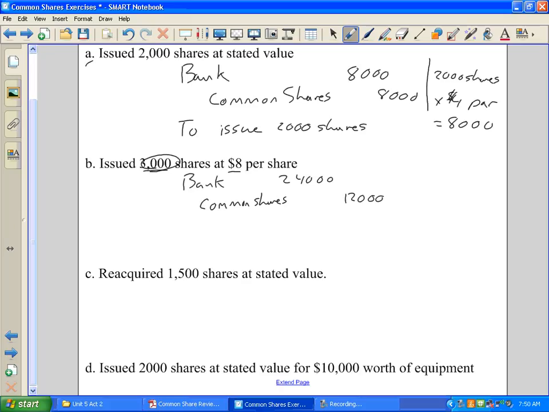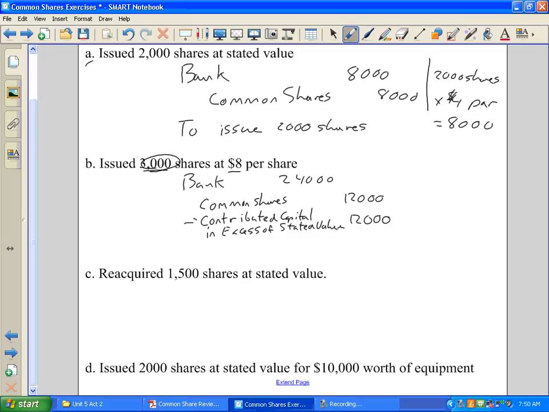Seeing that quite clearly the entry does not balance, that means that we have to put it to an account called contributed capital in excess of par or stated value. And I'm going to put stated value. Okay, and that gives us our other $12,000.